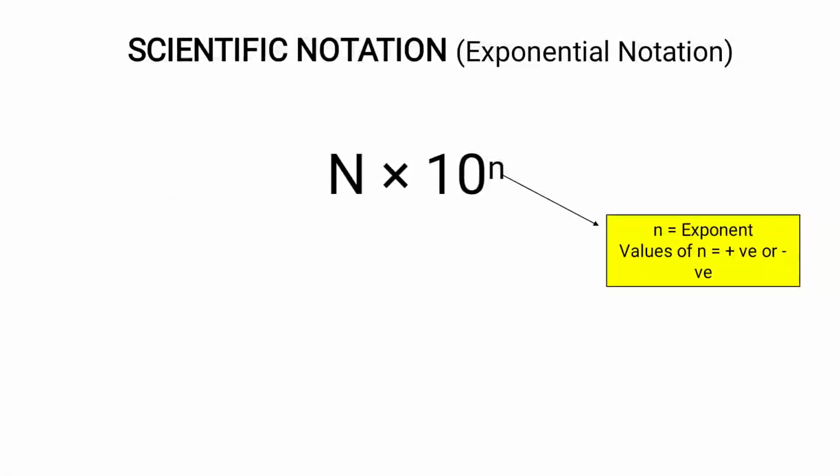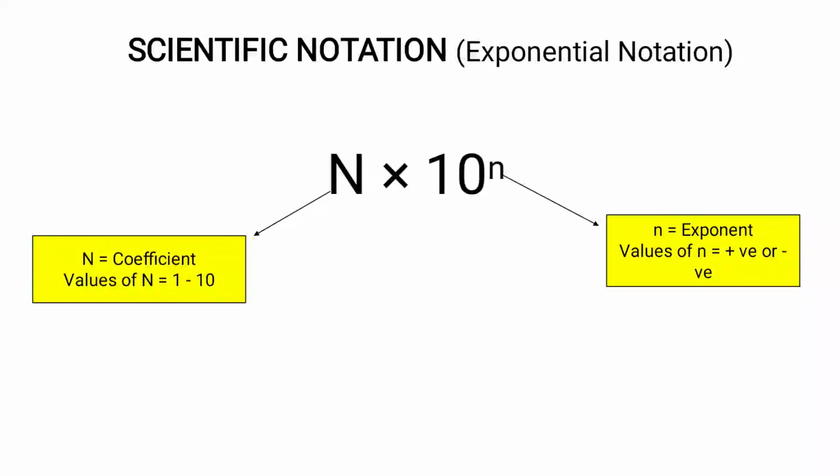In scientific notation, any number can be represented in the form of N into 10 raised to the power n, where the superscript, that is small n, is the exponent having positive or negative values, whereas the capital N is the coefficient that can vary between 1 to 10.